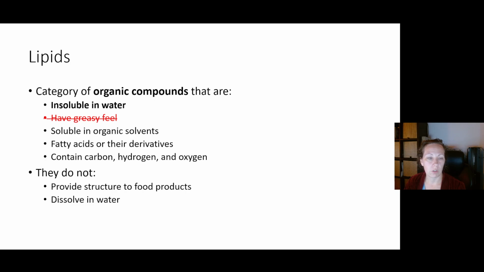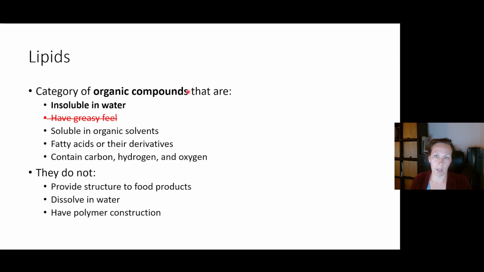They do not dissolve in water, which really just goes along with this insoluble in water portion. And they do not have a polymer construction. What I mean by that is with the carbohydrates, for example, we would have a glucose molecule and many glucose molecules all chained together made a starch molecule.